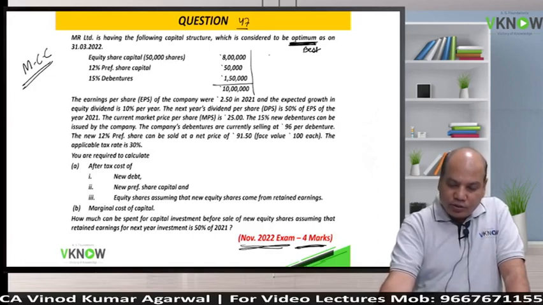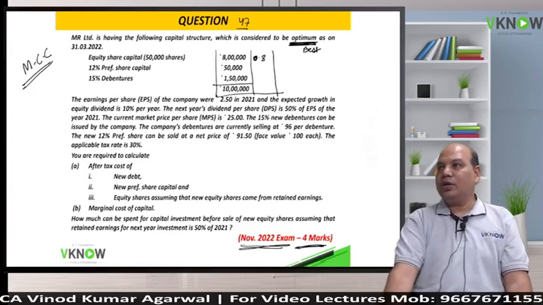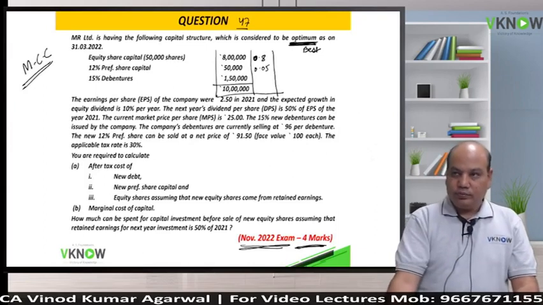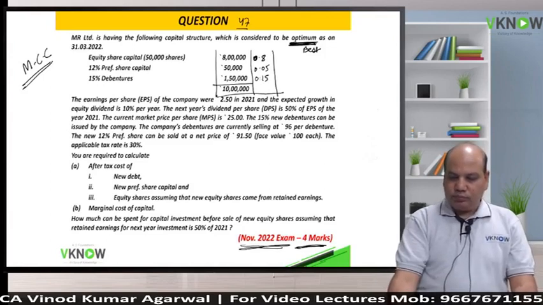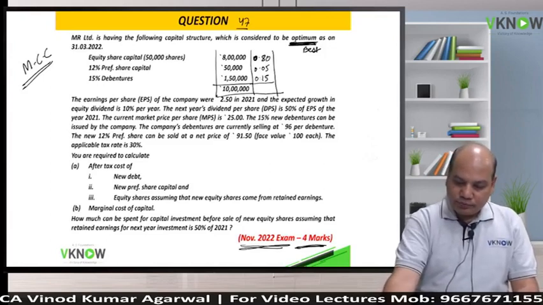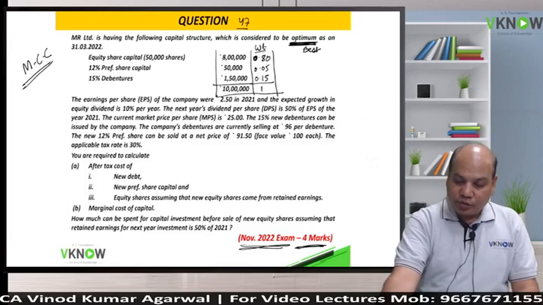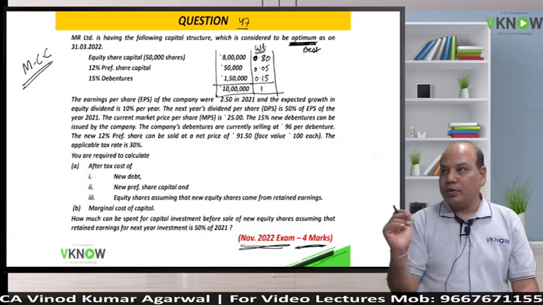So what is the weight, can you tell me? 8 lakh divided by 10 lakh, 0.8. 50,000 divided by 10 lakh, 0.05. 0.15. Is the total equal to 1?